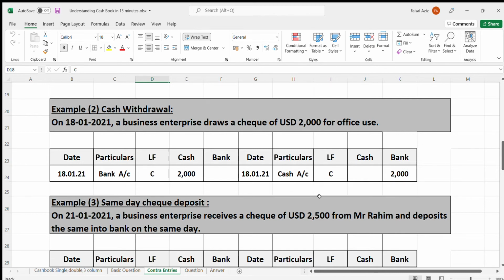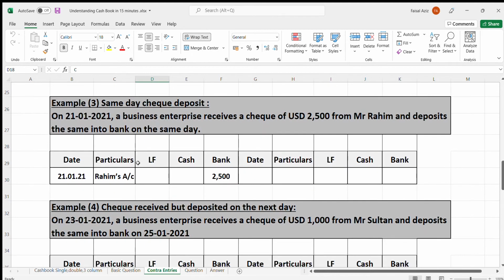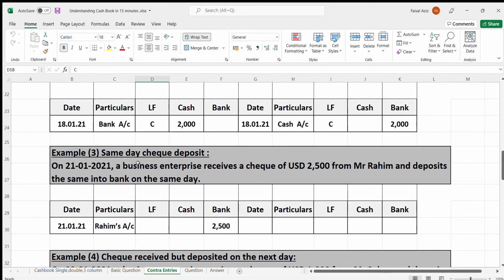Now this transaction is again a contra transaction and its effect will be mentioned on both sides, and again we will have to mark it with capital letter C in the ledger folio column on both sides. Now we have a third transaction, in case we, let's say, receive a check and we deposit the check in the bank on the same day.